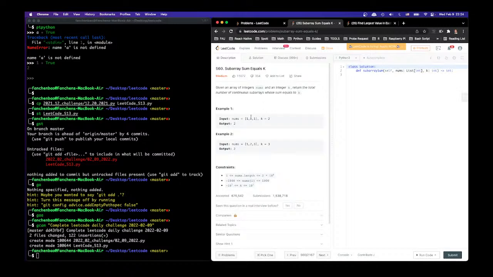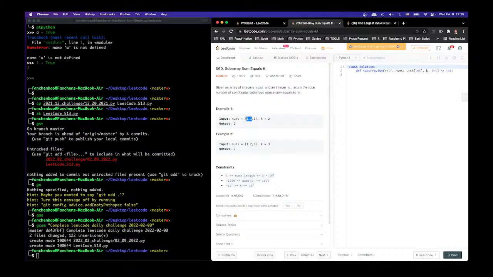Say here is 1. If we have something ahead that we can add to this to equal 2, we need to find the total number that sum up to 1.